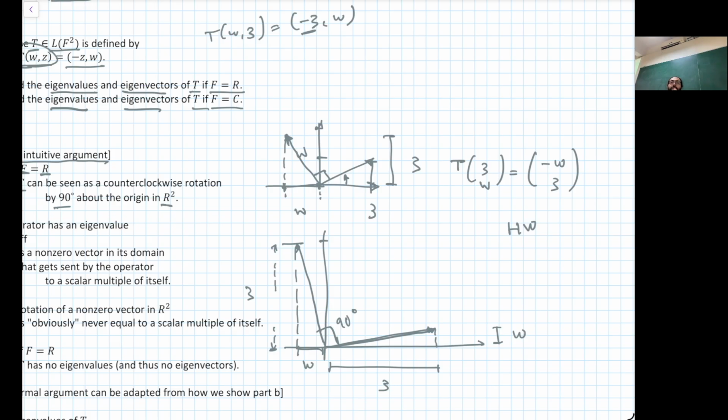Depends on your choice of coordinates. So now you see it's mapping this zw to minus wz, which is exactly the coordinates of these vectors. So it's minus w here, and then z for this vector. And this vector is z.